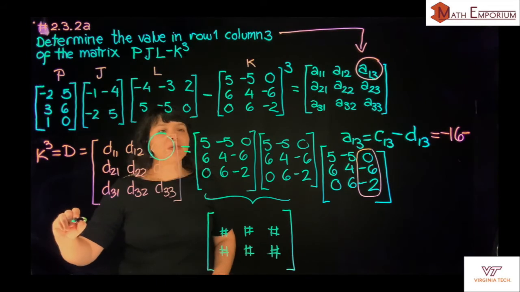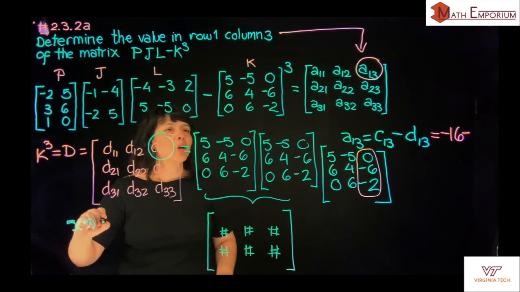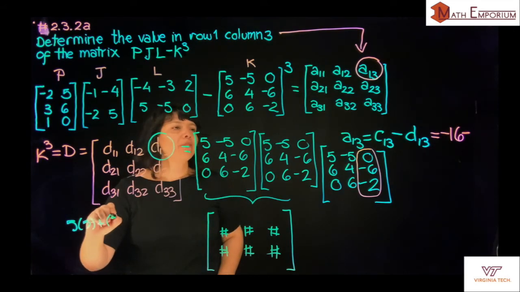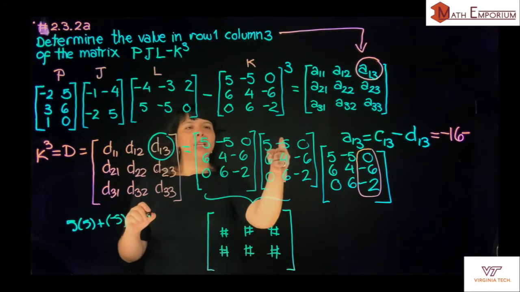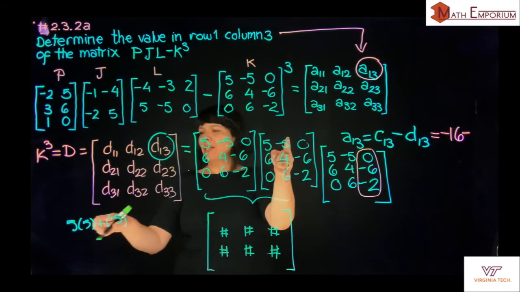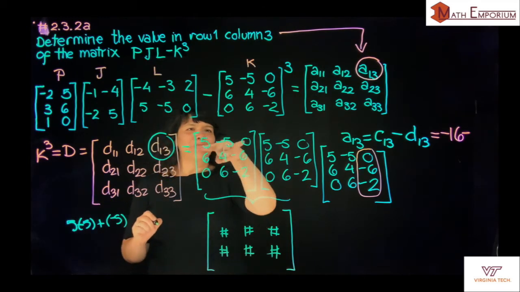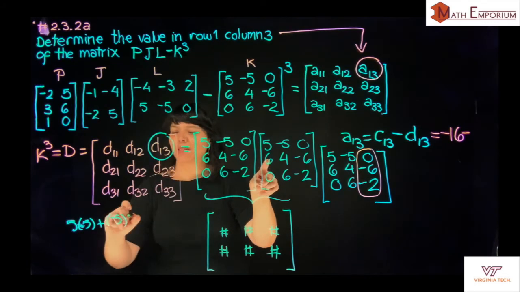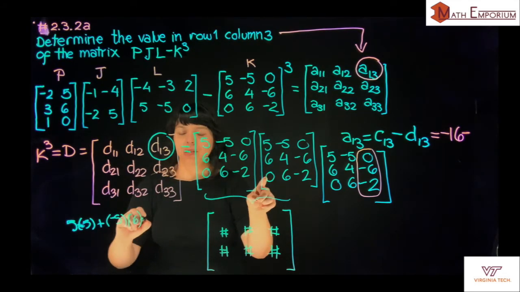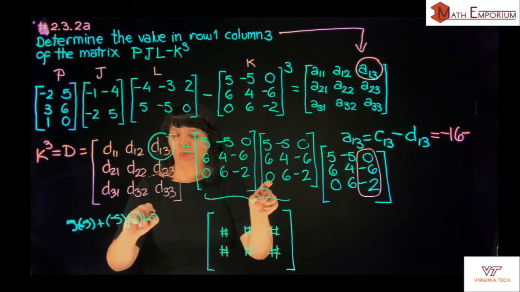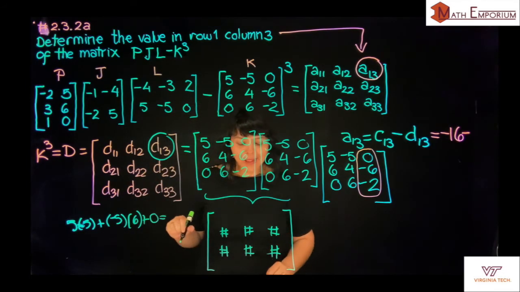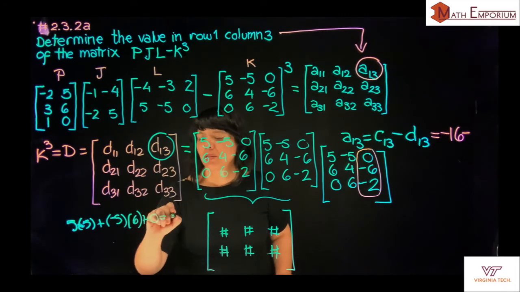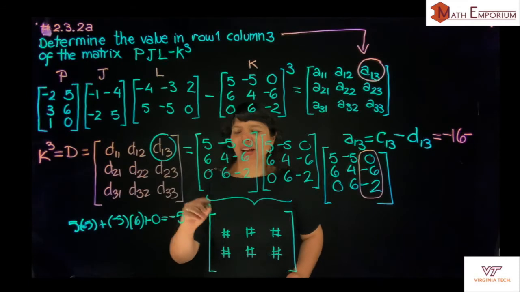So I want to compute 5 times 5 plus negative 5 times 6, and 0 times 0. And this gives me 25 minus 30, so negative 5. So negative 5 is here.